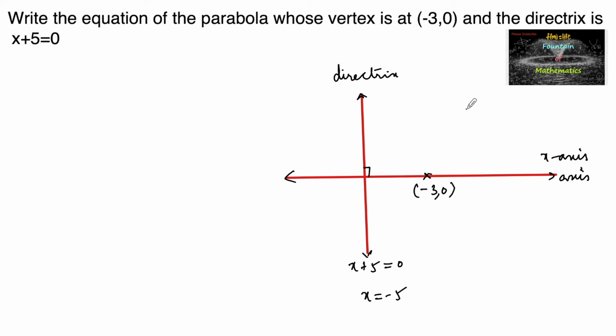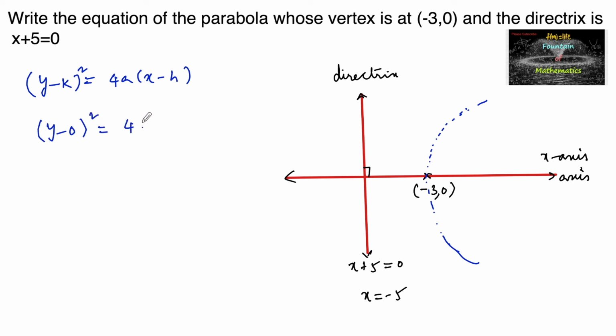So the parabola can open towards the right side, and its form can be given as (y minus k) whole square is equal to 4a into (x minus h), where (h, k) is the vertex. So (y minus 0) whole square is equal to 4 into a into (x minus of minus 3), where a is the distance from the vertex to the point on the directrix where axis and directrix meet, or vertex to the focus.